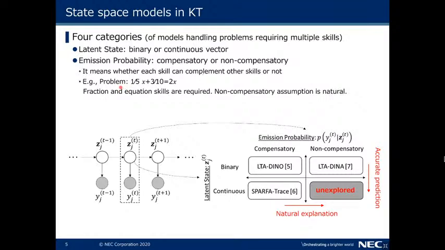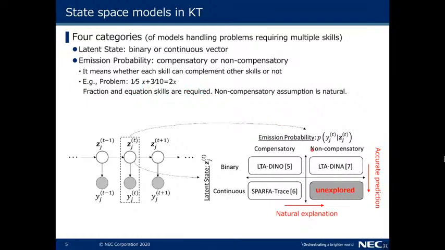For example, consider the problem 1/5x plus 3/10 equals 2x. When you solve this problem, of course, you need fraction and equation skills. And the fraction skill cannot complement the equation skill. So in this case, the non-compensatory assumption is very natural.